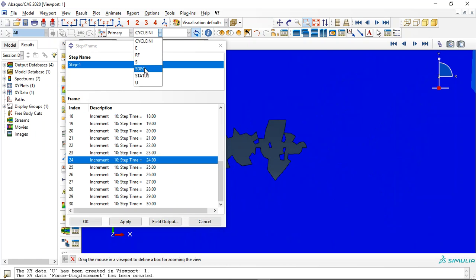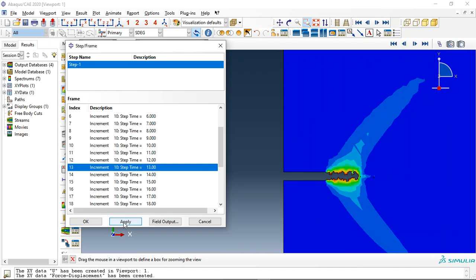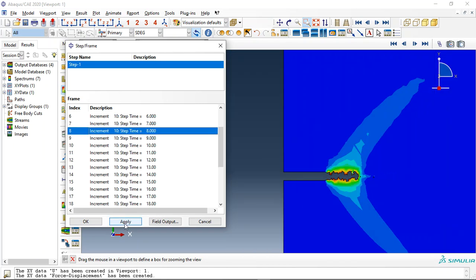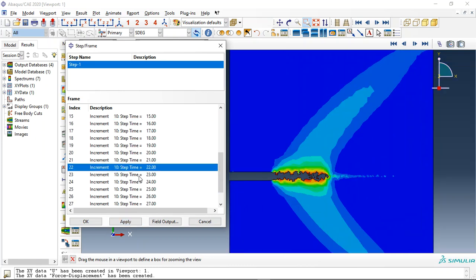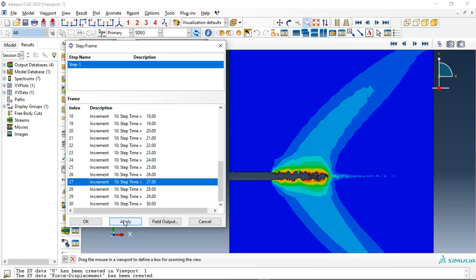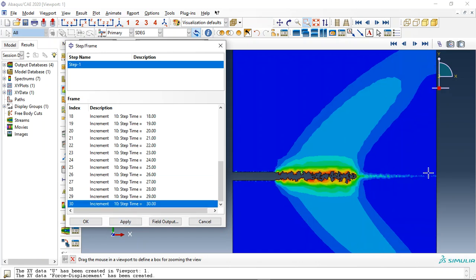We can also check, for instance, the stiffness degradation in cycle 8, cycle 15, cycle 22, cycle 27, and cycle 13, or you can increase that to cycle 17 to consider the full damage here.